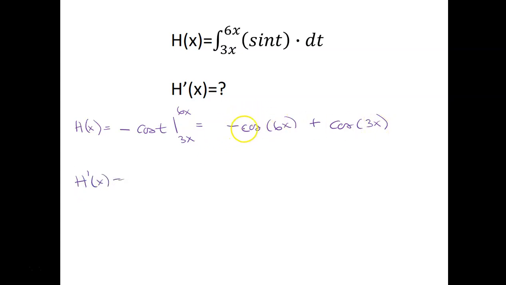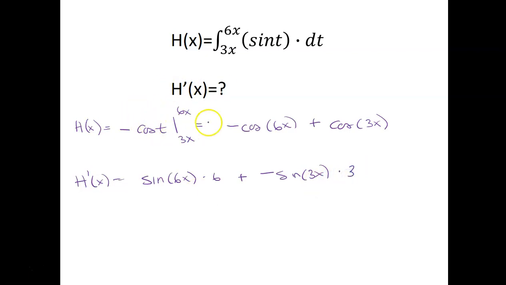The derivative of negative cosine is sine, so sine 6x, but I have to chain rule, times 6. Plus the derivative of cosine, which is negative sine 3x, but I have to chain rule.